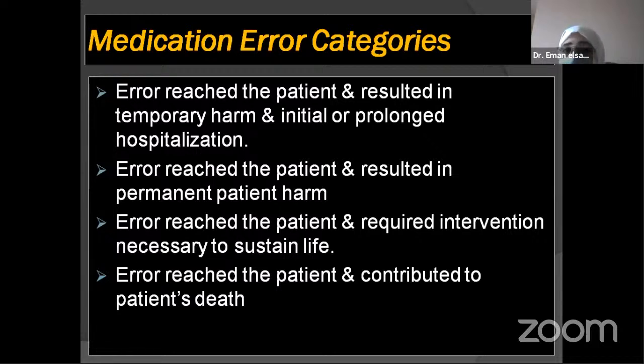We see that all these categories increase in severity of harm. Another category is error reached the patient and required intervention necessary to sustain life. The last one is error reached the patient and contributed to patient death.